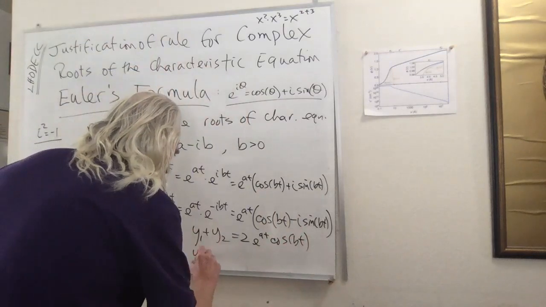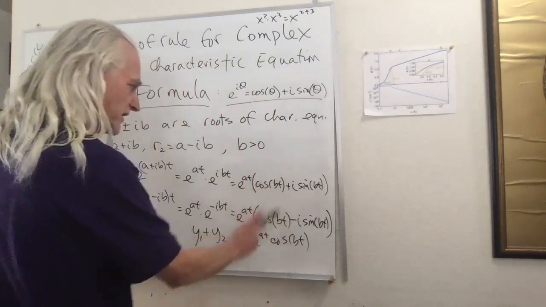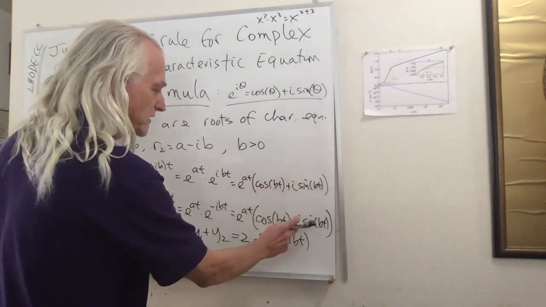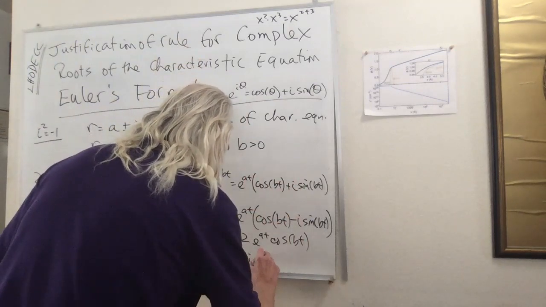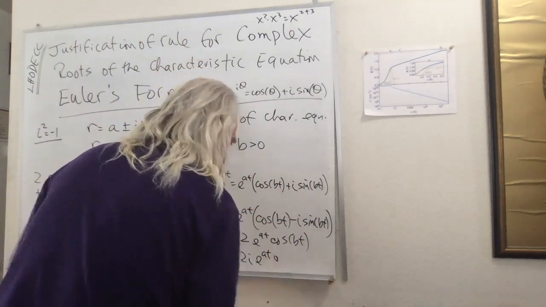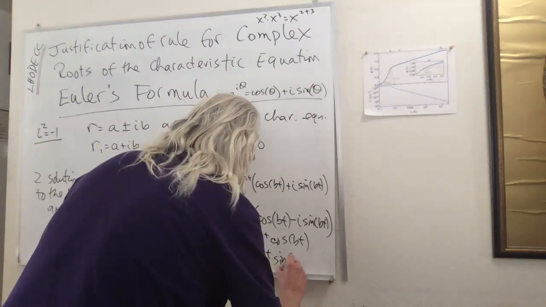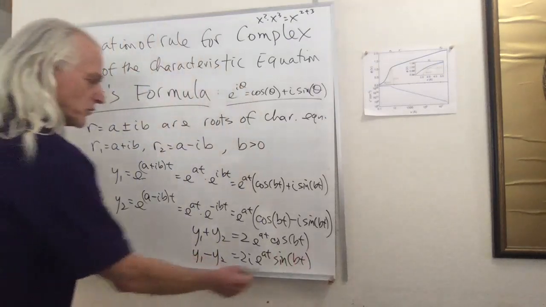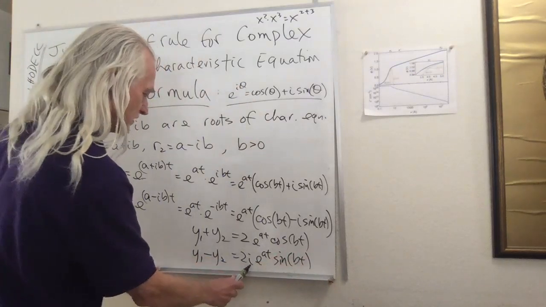And I take y1 minus y2. I take that minus that. The cosine terms cancel. Oh, and I get i minus minus i, I get 2i times e to the at times sine of bt. All right. Well, that's not a real valued solution. It's a pure imaginary valued solution.